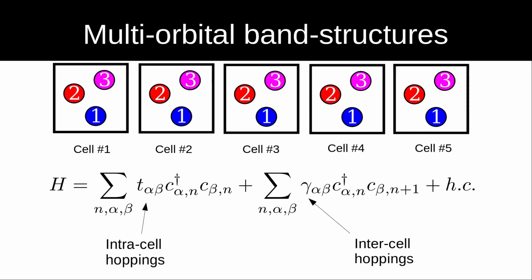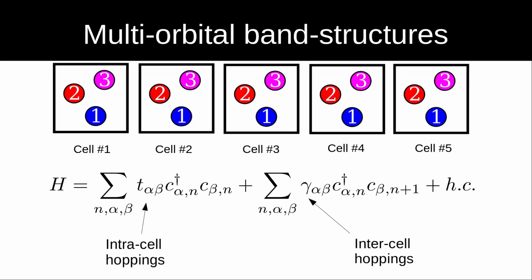And so if we start thinking about what is the most generic Hamiltonian that we can write for such a system that is bilinear in fermionic operators, then you can very easily come up with this model. So you essentially have hoppings between orbitals in the same unit cell. Those hoppings are the T alpha beta.